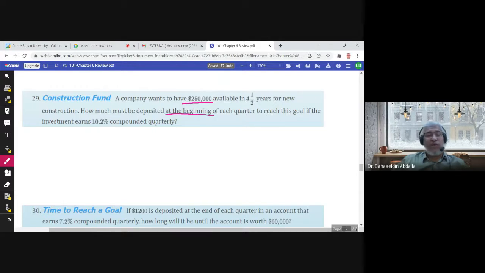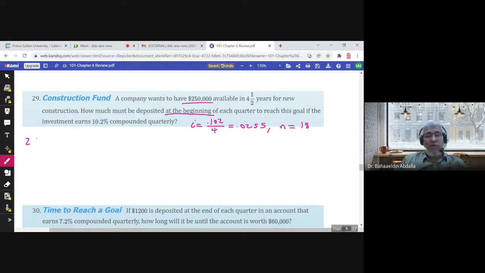To reach this goal, if the investment earns 10.2 compounded quarterly, so I is 0.102 over 4, and this is 0.0255 if you find it by the calculator, okay? And the number of periods is 4.5 times 4, because quarterly, and this is 18.